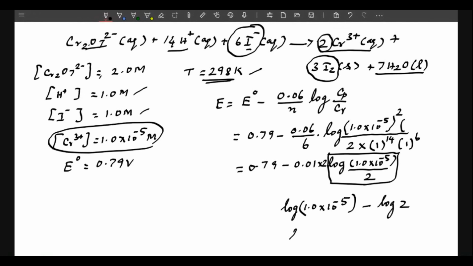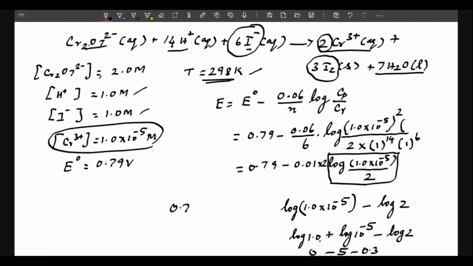This is written as log of 1 plus log of 10 power minus 5 minus log 2. Log of 1 is equal to 0. Log of 10 power minus 5 is equal to minus 5, minus log 2, minus 0.30. Therefore, it is 0.53.